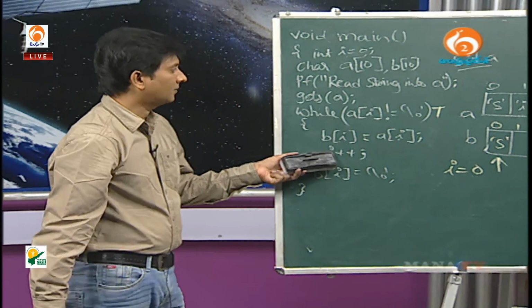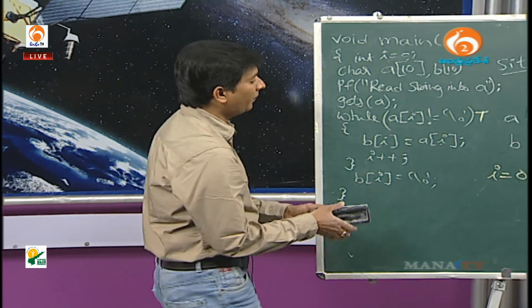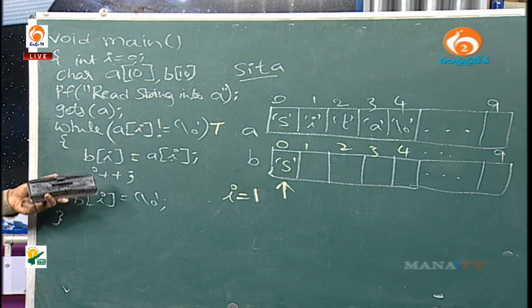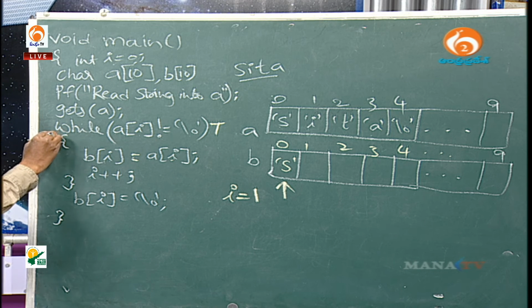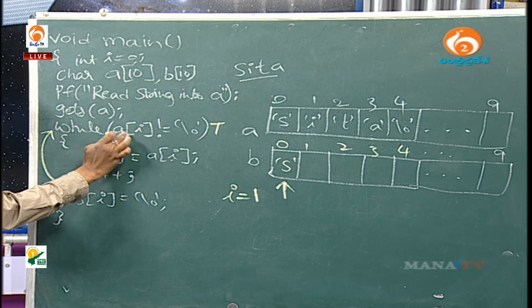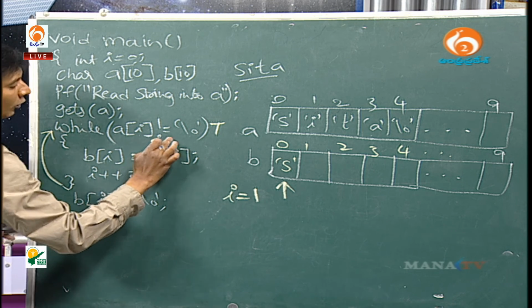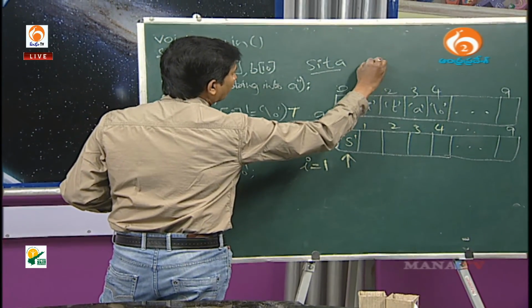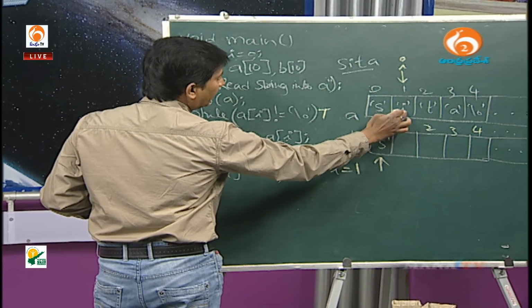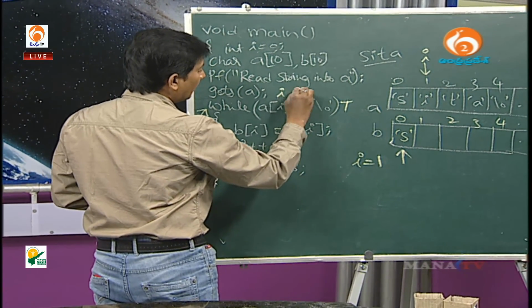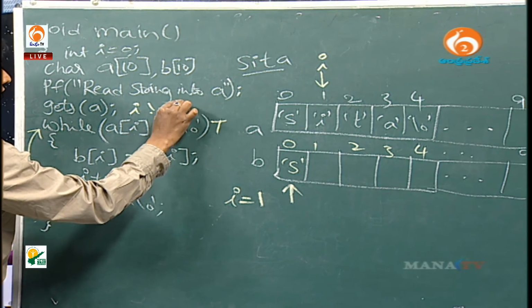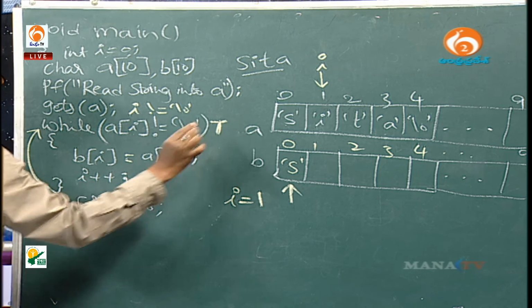Next, I plus plus, I is incremented by 1, I equal to 1. Next iteration. A of I means A of 1, which is I, is not equal to backslash 0, which is true, the condition is true.